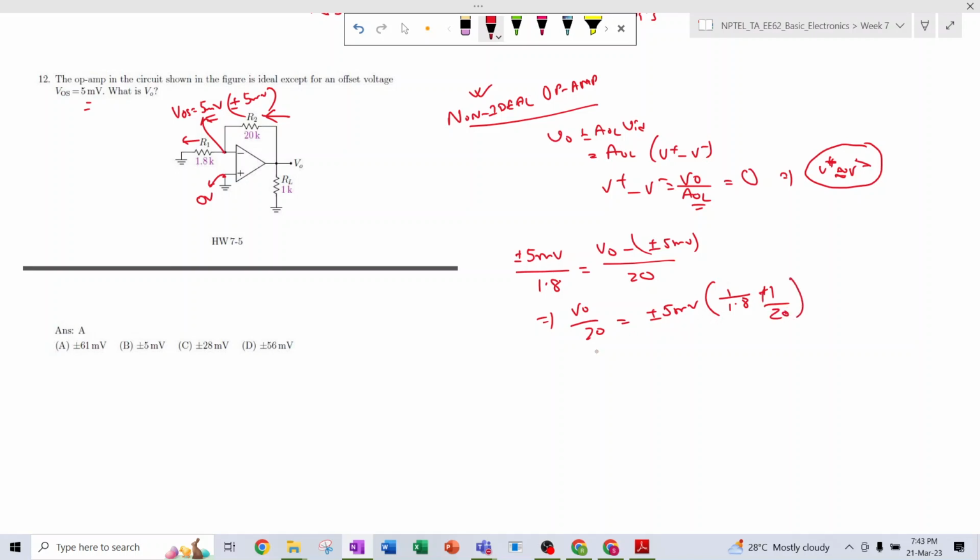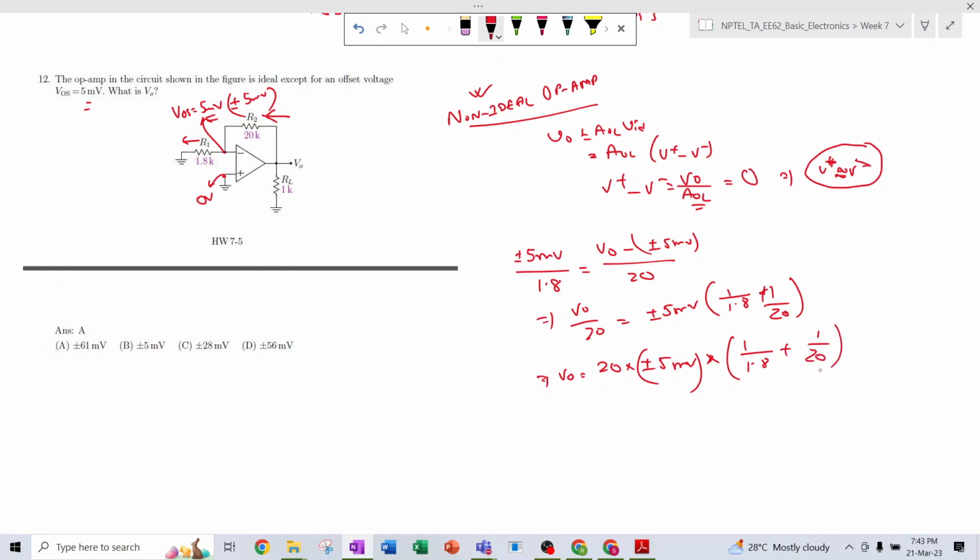So now VO is 20 times plus minus 5 millivolt times (1 divided by 1.8 plus 1 divided by 20).